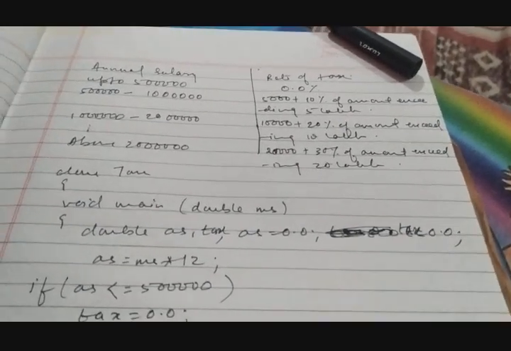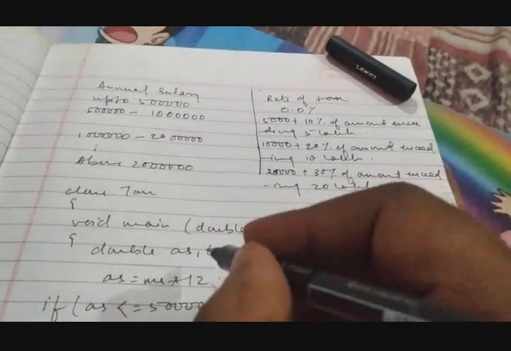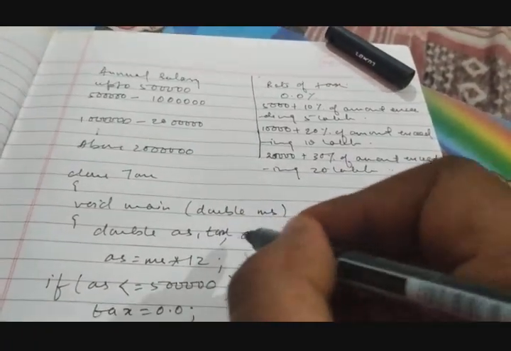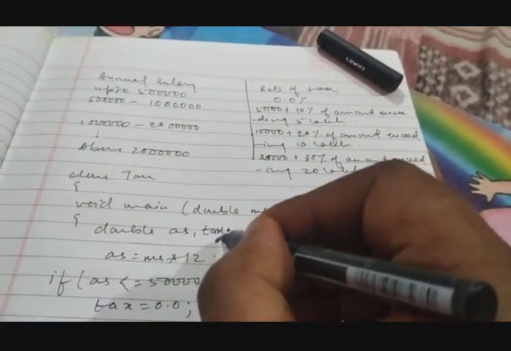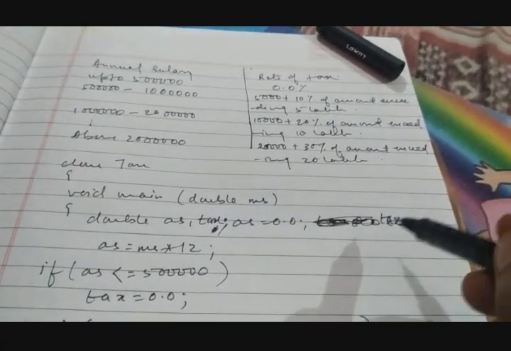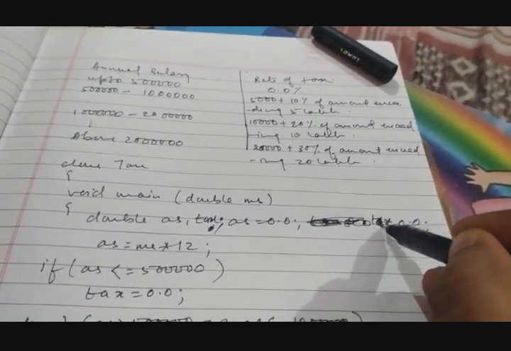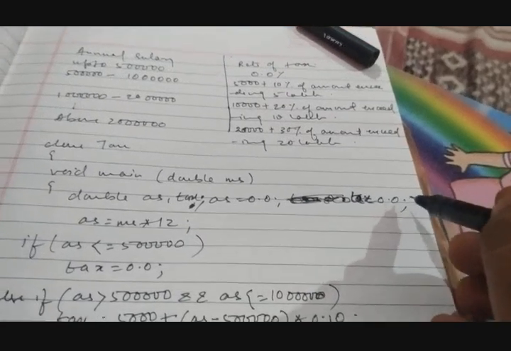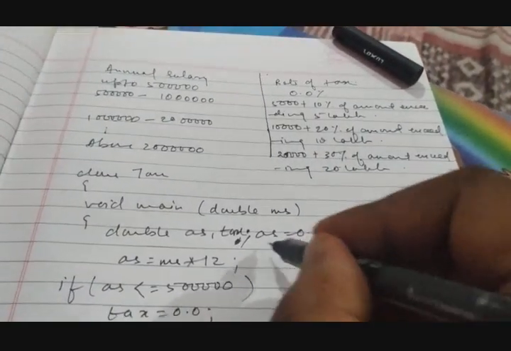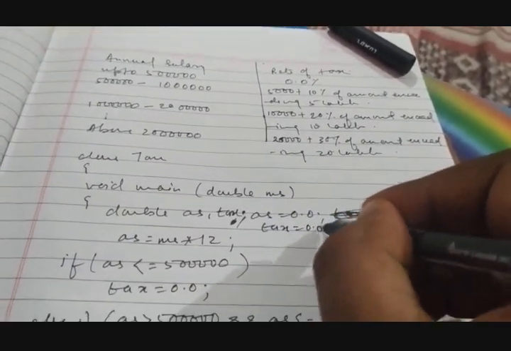Now this is tax, na? Because I am gradually, I had written a variable as a tax t, but I was writing the tax, so I had changed it to tax only, so that mistake is not there. Tax, let it be very clear, tax equals 0.0.